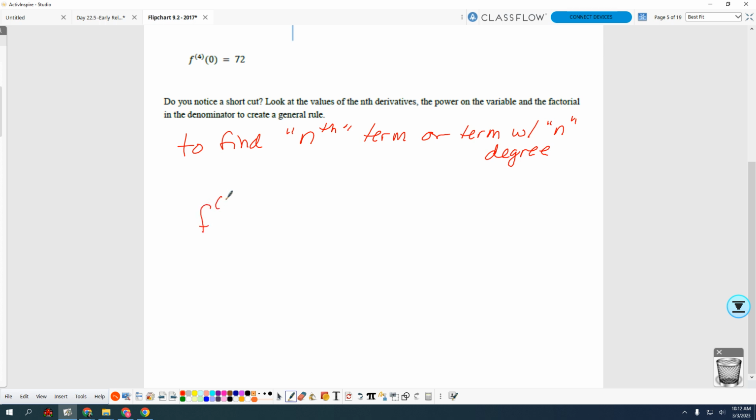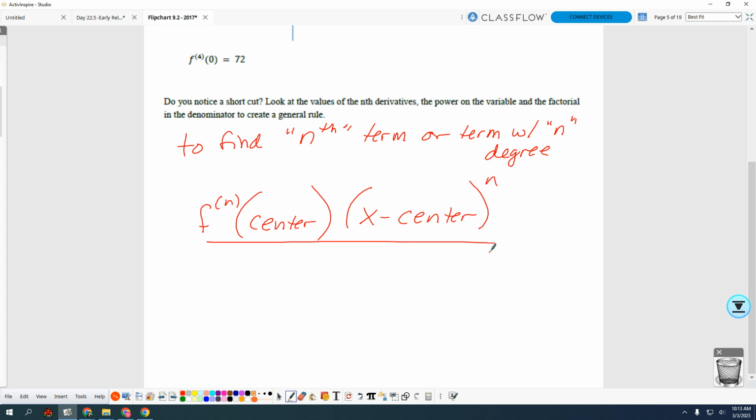We wanted the nth derivative evaluated at whatever center you had, and it will be x minus the center to that n divided by what? n factorial.